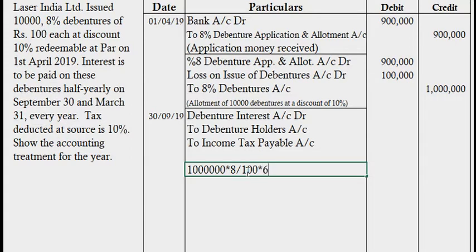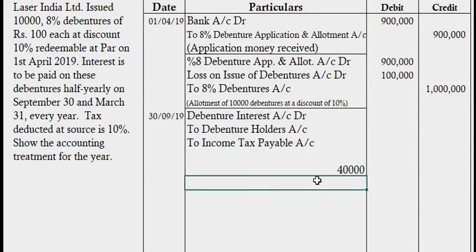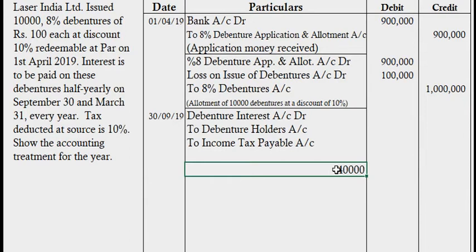So 10 lakh into 8% into 6 divided by 12. So this is 40,000 rupees interest. I hope you understood how this interest is calculated.